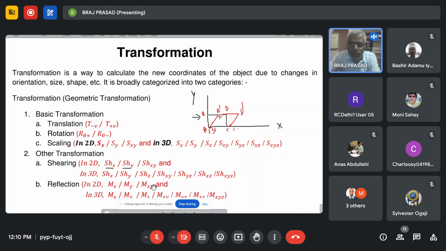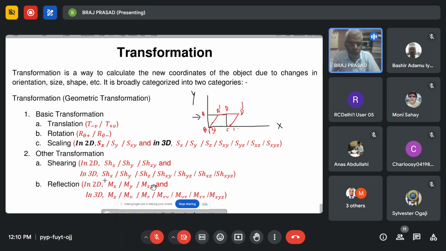So this type of change in shape of the object will be calculated with the help of shearing. And if we use only two dimensions x and y, then there are three different types of shearing symbol: SHX, SHY, SHXY. And for 3D, we use three directions.